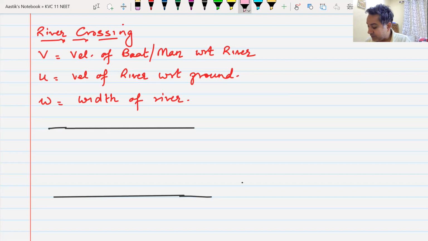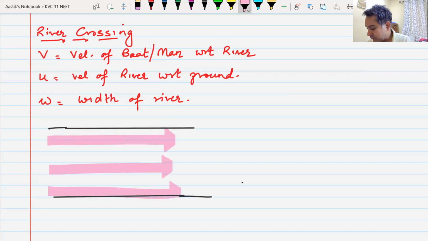Let us say the river would be flowing in this direction with a velocity, as we already discussed, u. The man will attempt to cross the river from point A, and he will try to reach point B. That would be crossing the river.